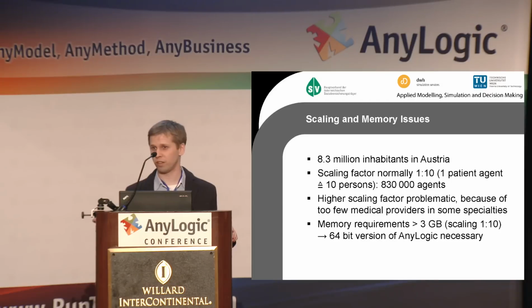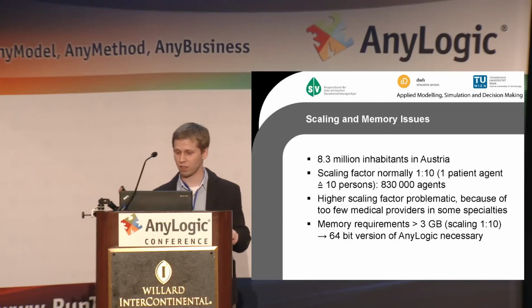So this put large memory requirements. The speed was not a problem, a quarter of an hour or a half of an hour, but the memory requirements are about 3 gigabytes for this scaling factor, and so we really needed the 64-bit version of AnyLogic for this.